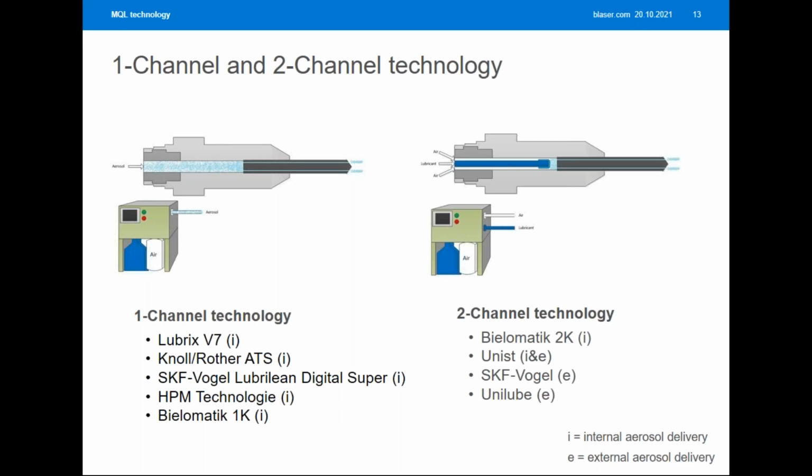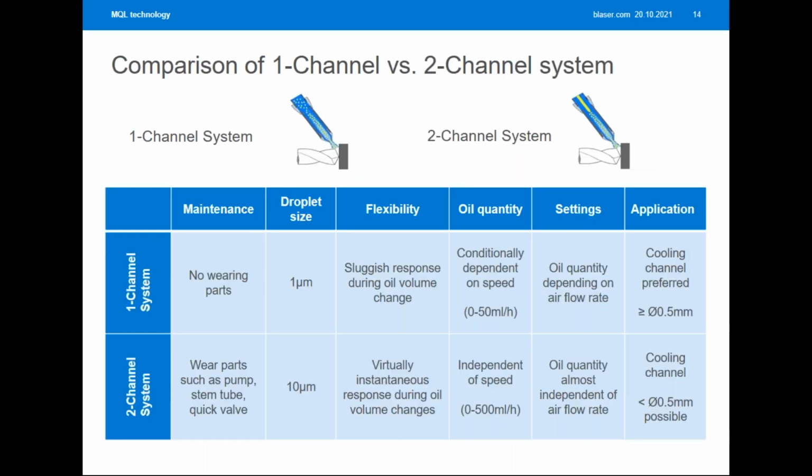They're increasing the one-channel technology also, but until 2 years ago, the two-channel technology was the big player with Belomatic. So the comparison of one channel and two channel is mainly that with the two channel system you have bigger droplets and that you can also bring in a higher oil amount into a process.